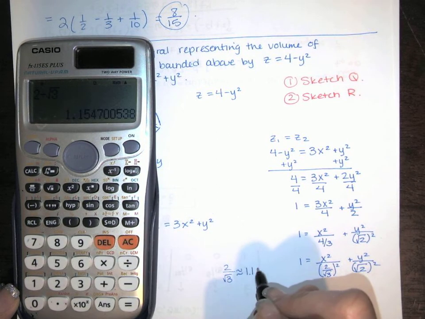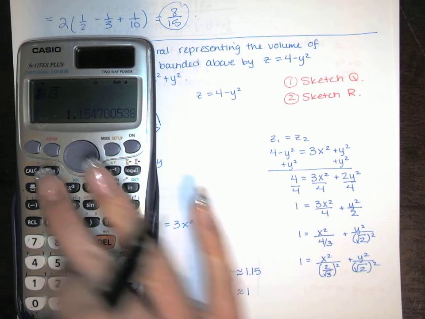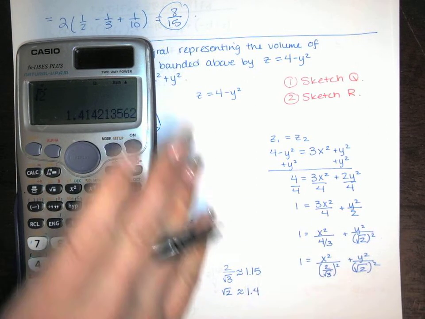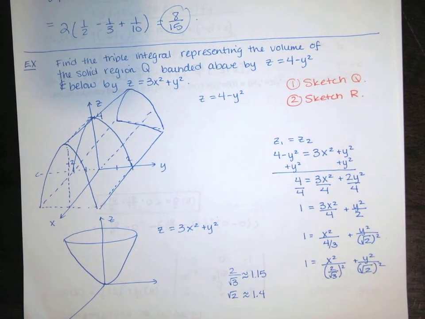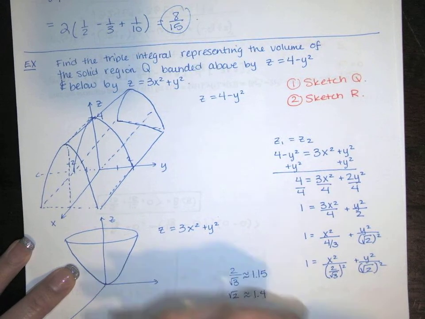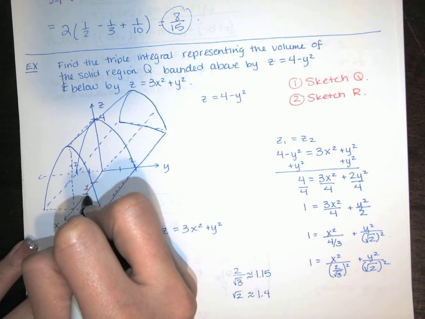So it's about 1.15, so we want to go 1.15 units in the x direction, adding and subtracting from that center point, and we want to go square root of 2 units in the y direction, and square root of 2 is, I believe, about 1.4. So again, I said it's a little longer in the y direction because of that 3, and it is. So here we are. Here's x equals 1, x equals 2.